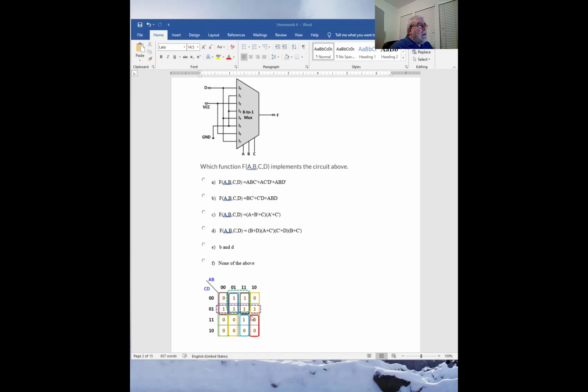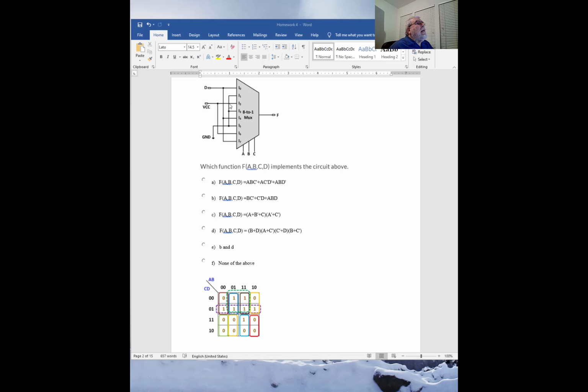Similarly, with the rest of the K-map, for instance, let's see the case in which we have 0, 0, 1, which would be the I1 input. In this case, I1 is tied to ground, so both of them are 0. There's no chance to have a 1 or anything different from 0 here because they are tied to the ground.